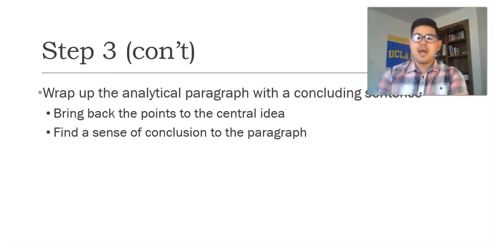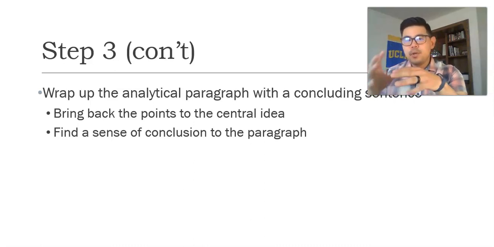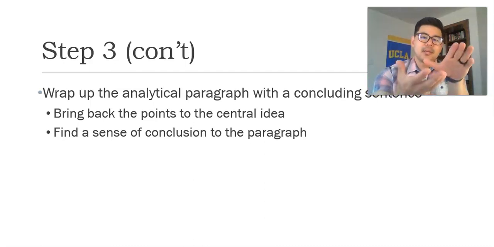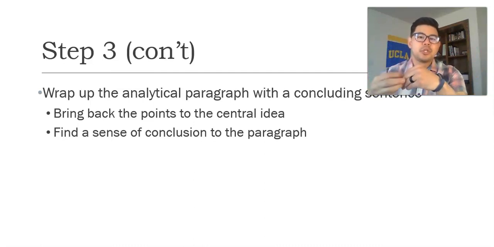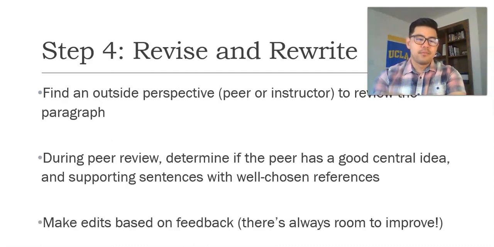Then lastly, after you've written all your analysis of the text, conclude with a concluding sentence. This should point back to the central idea and wrap everything up by giving the reader a sense of, okay, it is finished. This was the whole point of this paragraph, and now we move on.